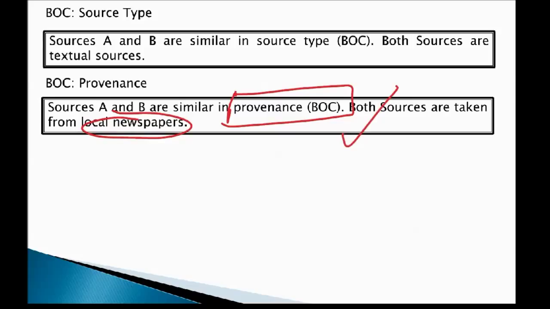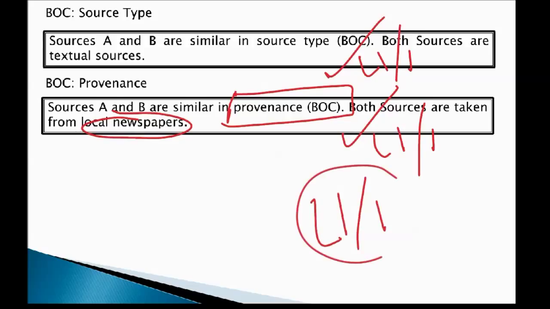This will also give you L1, 1 mark. Now what happens if you write both source type and provenance? The total marks for this one is also L1, 1 mark. So if there is no time, do not write both. You will just get 1 mark. Choose one to write.